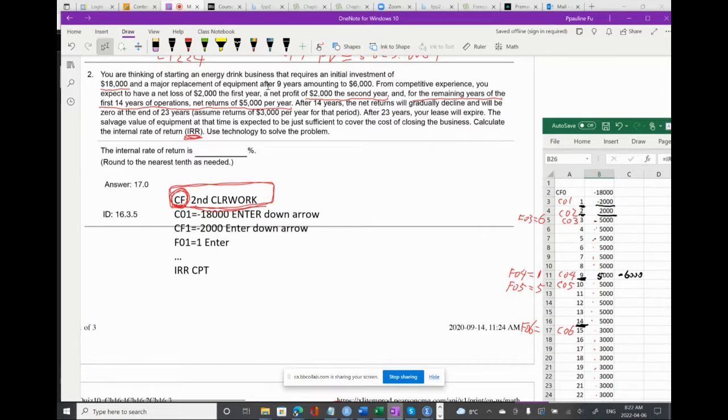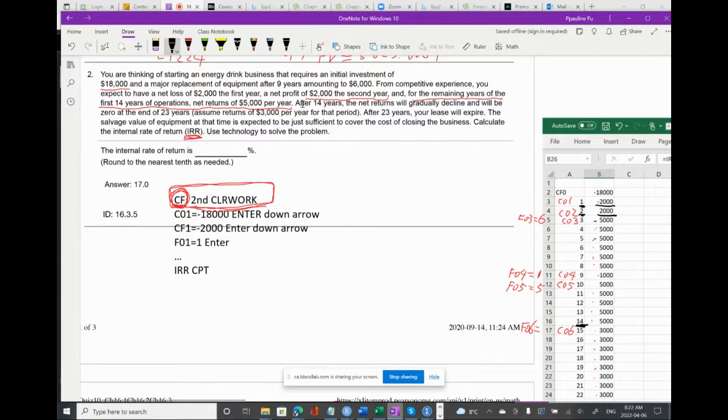So at year 9, you have negative 6,000. At the same time, you have net return 5,000. So the net effect for year 9 is negative 1,000. Okay, so for year 9, it is negative 1,000.